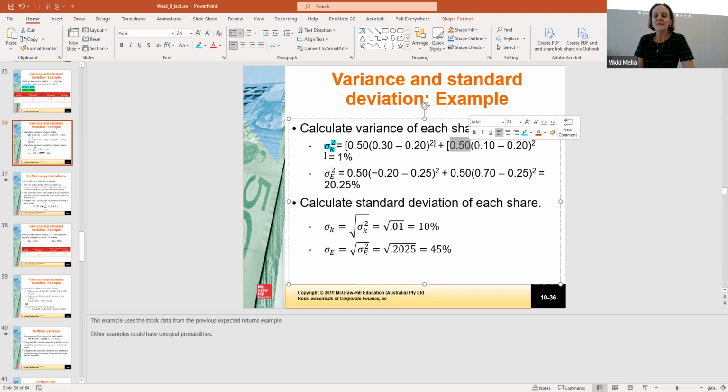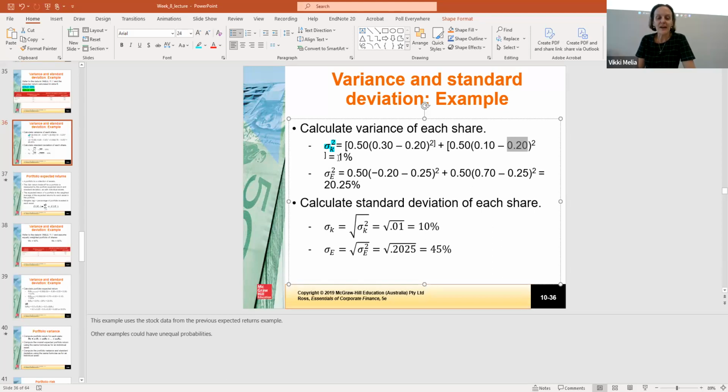When the economy is booming, the expected return from Kiwi is 10%. So the expected return in boom minus the total expected return from Kiwi of 20%. So you can see these two are the same. We're subtracting that total expected return that we calculated previously.